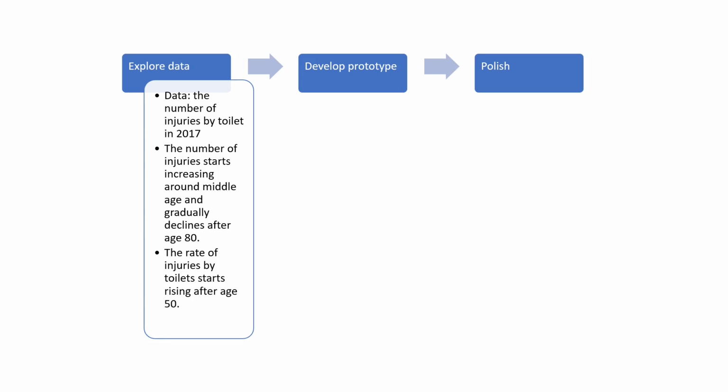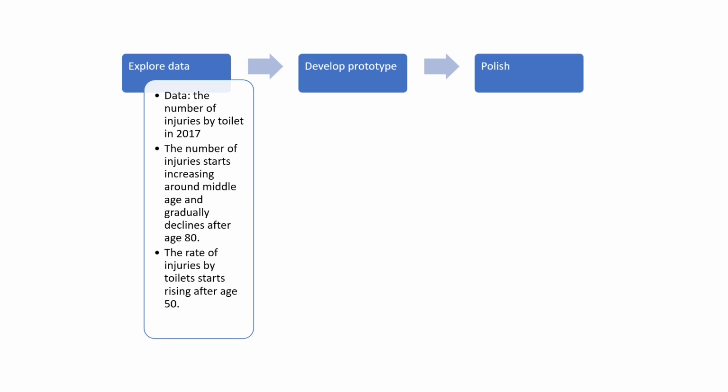So what we do after this is, okay, let's take into account the number of people in each age group. Once we take into account population in each age group, we have a different story. The rate of injuries starts rising after age 50, and we no longer see the decline after the age of 80.